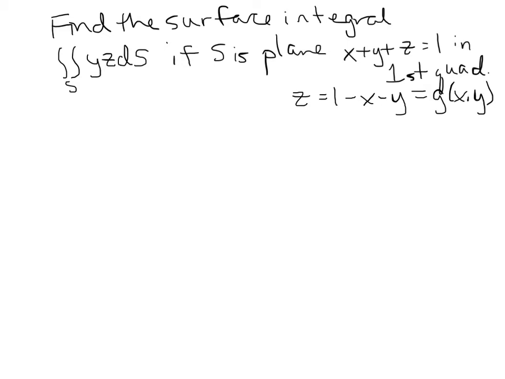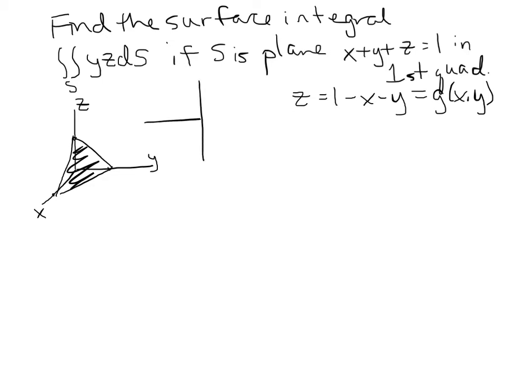All right, so what the plane looks like is it has an intercept of 1 on the x, the y, and the z. So the plane itself looks something like that.